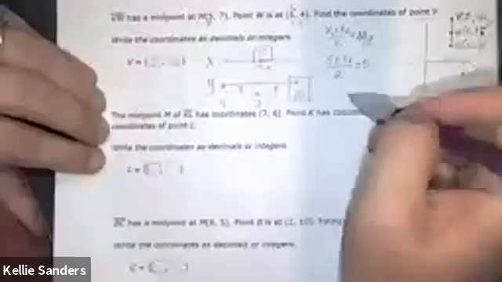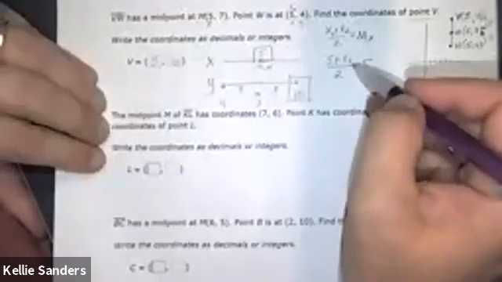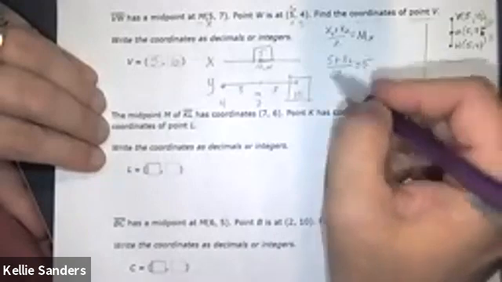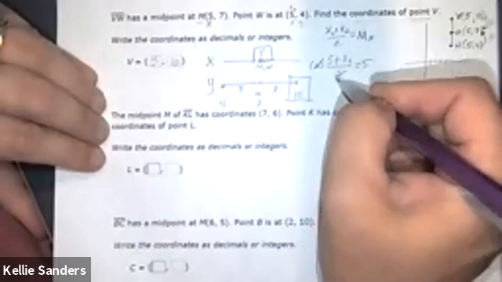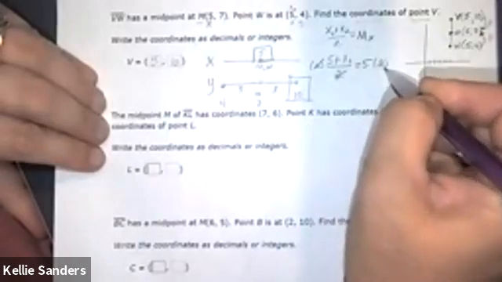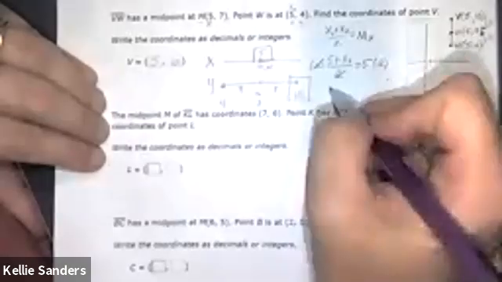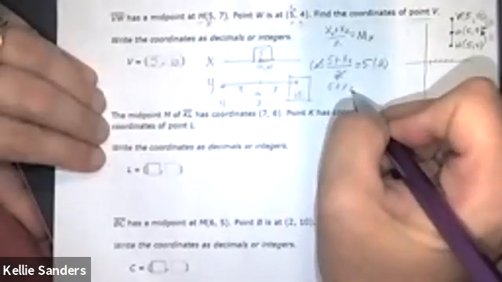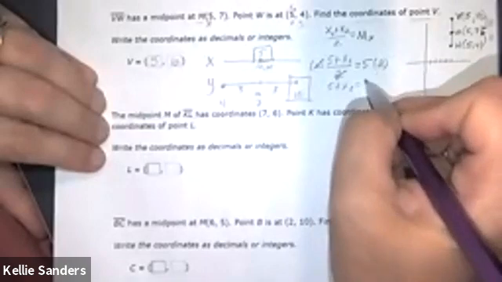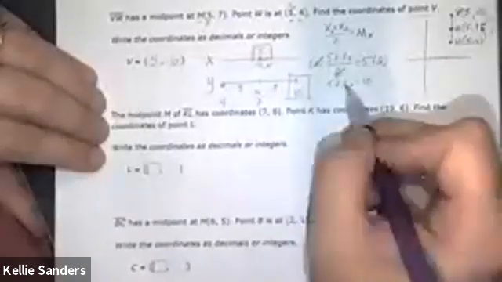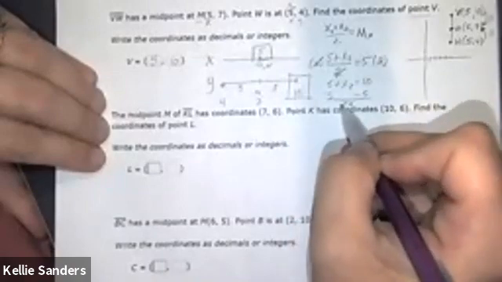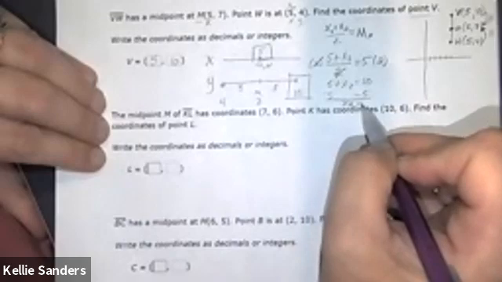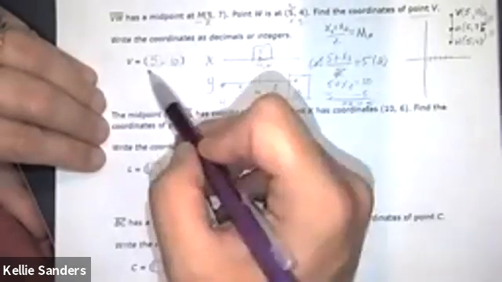The x for midpoint is 5. Okay, so how do we do this? The last thing to get 5 is I divided by 2. So if you're going to undo it, you're going to multiply by 2. So if I multiply this side by 2, I would get rid of those. But what you do to one side, you got to do the other. So I'd multiply this side by 2. So I'd be left with 5 plus x2 equals 10. To get x by itself, you'd subtract 5. So our second endpoint of x is 5.